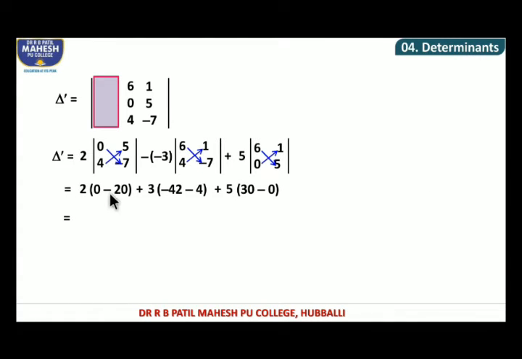Now 2 into minus 20 is minus 40, and minus 42 minus 4 means it is minus 46, into 3 is minus 138, and 30 into 5 is 150. Therefore, minus 40 minus 138 is minus 178, plus 150 means it becomes minus 28. So this is the value of delta dash.